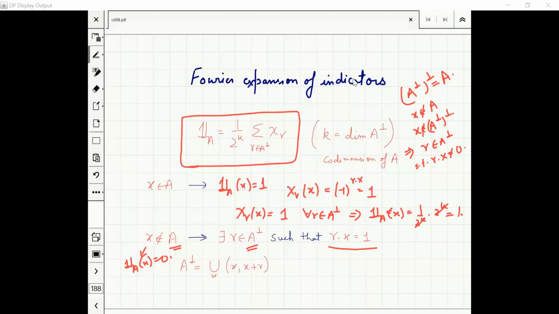Once I have such a gamma, I can divide A perp into pairs where each pair gives me a different vector.